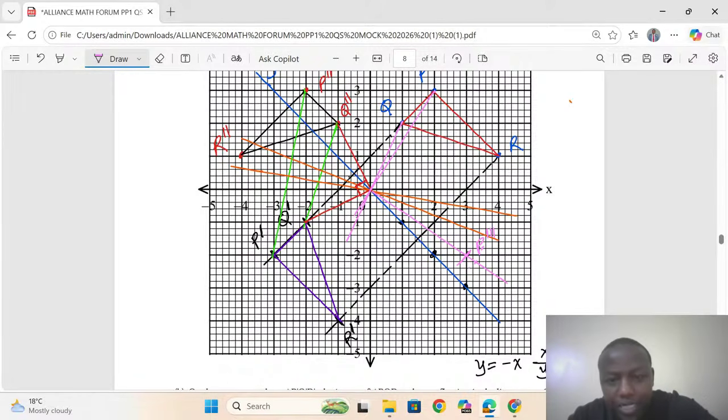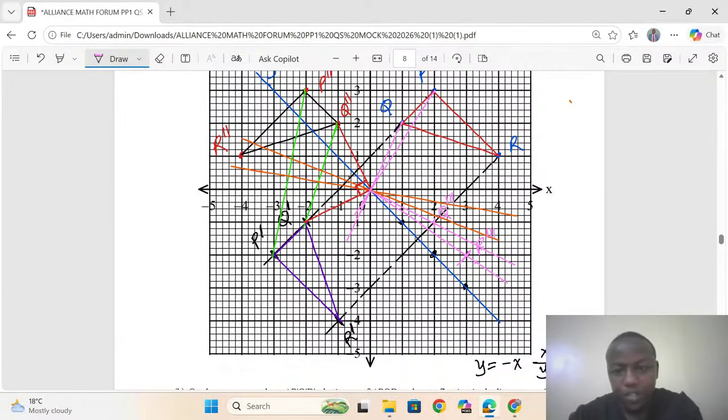Then I produce the line, and I move an equal distance. So I shall find myself at a point here that is Q triple prime.